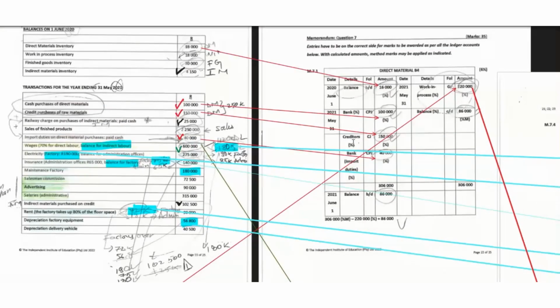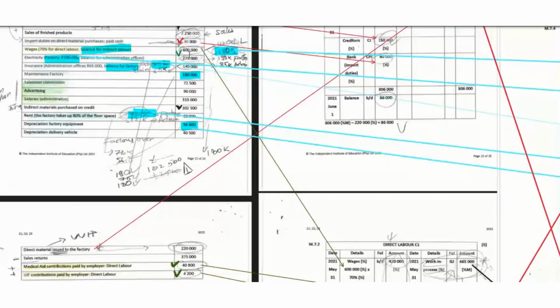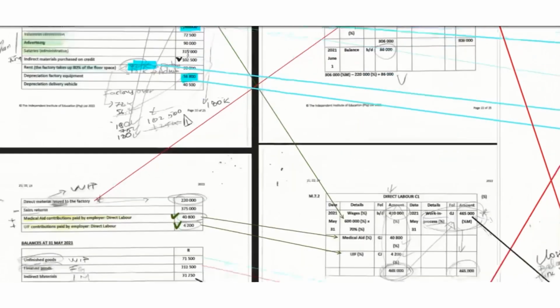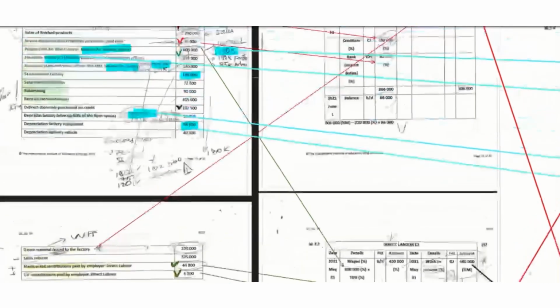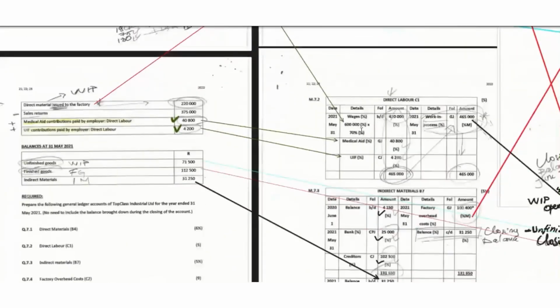When we're looking at the labor, we are not going to input this amount of 600,000. Why? Because only 70% of it, or the amount of 420,000, is actual direct labor.